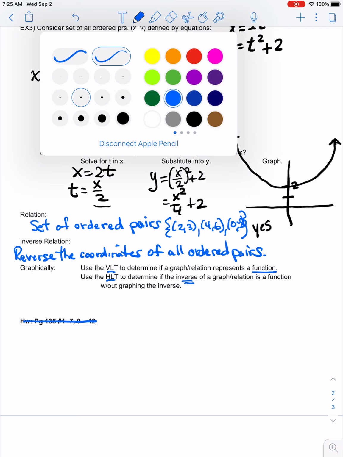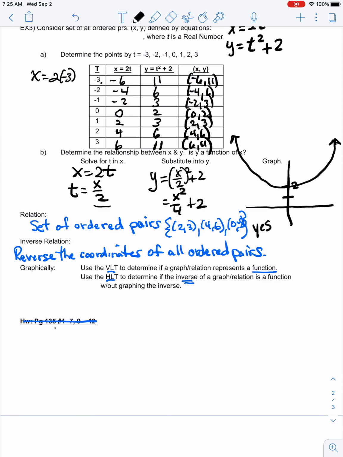Okay, so if we have a graph down here, I don't know, something like this. Okay, and I want to know, first of all, is this graph a function? I'll call this A and B, so it's a little less writing here. So A, I'm going to say yes, it's a function. Yes, function by VLT.